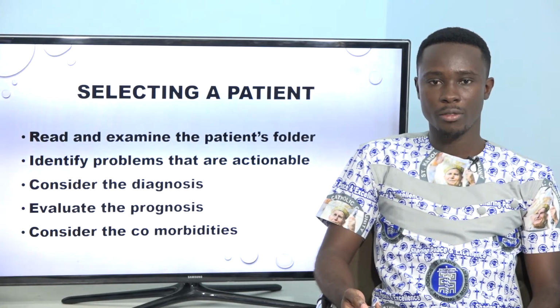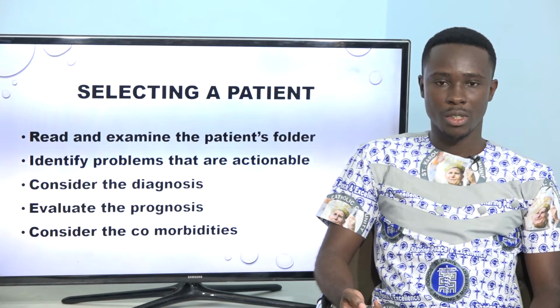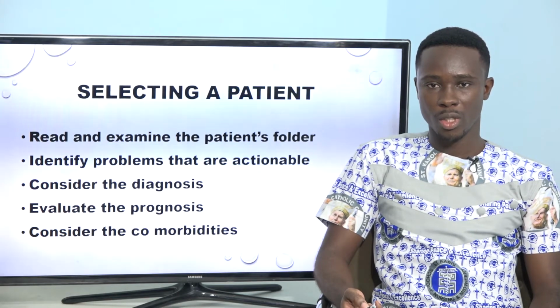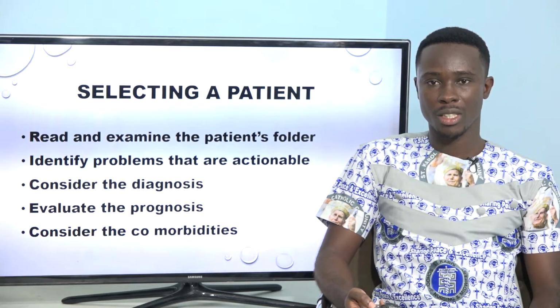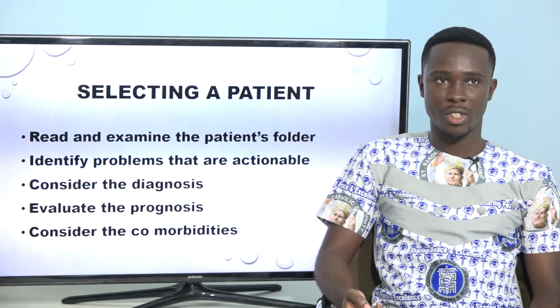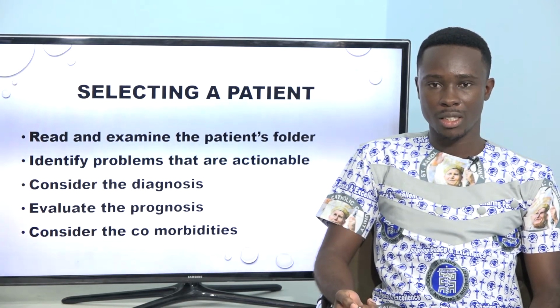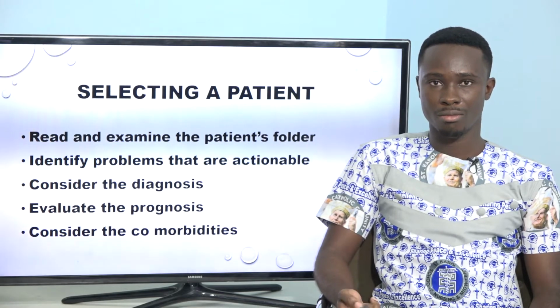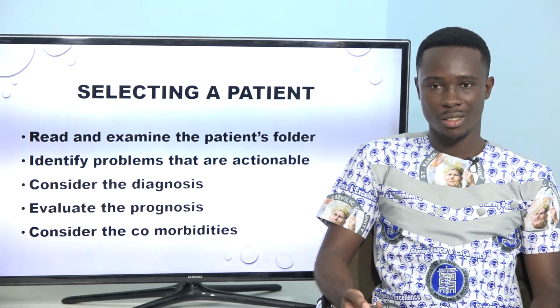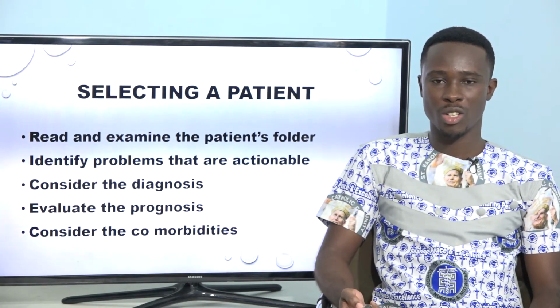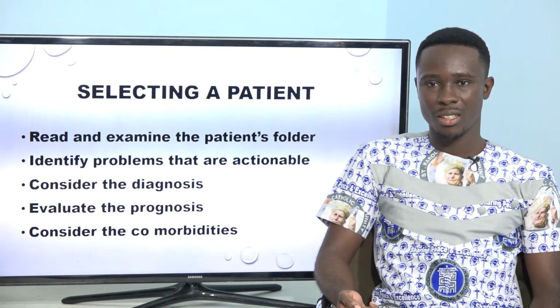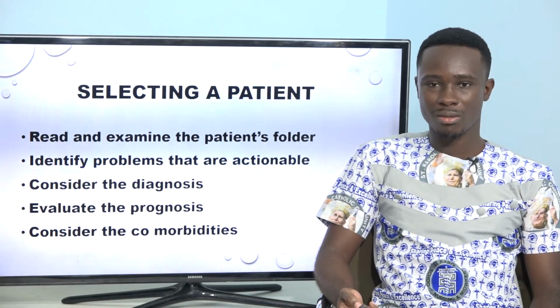Then you evaluate the prognosis. Because you are not God, but you can look at the patient and know that this patient might be good for care study or not, looking at the state in which the patient is in, his prognosis, and also the comorbidities. So if, let's say, a patient has end-stage renal disease and he's in renal failure, 4th stage, and has a lot of comorbidities like hypertension, diabetes, bilateral pneumonia, among other things, that makes his prognosis not too good.